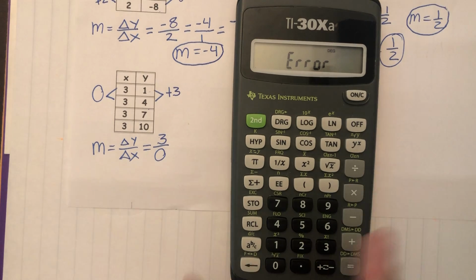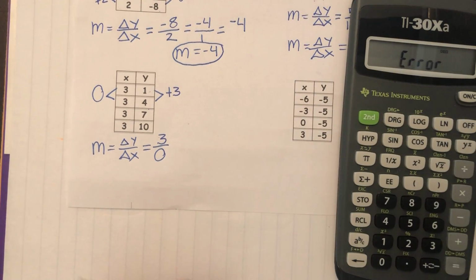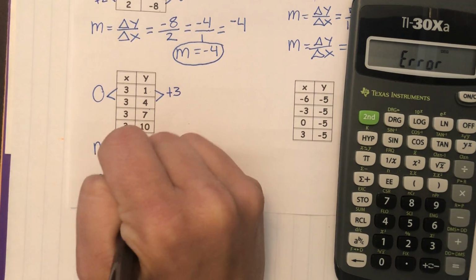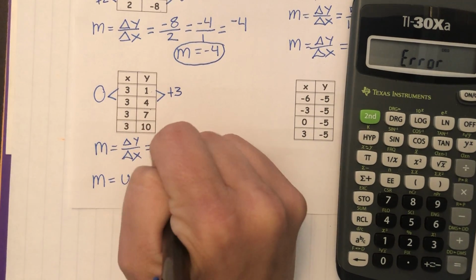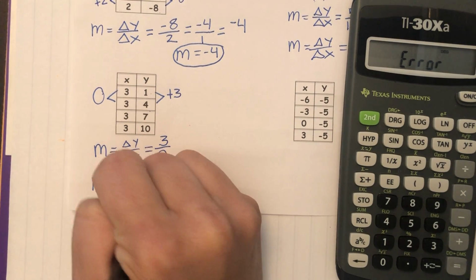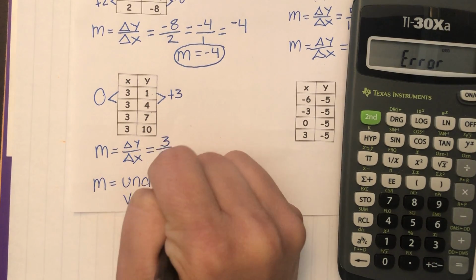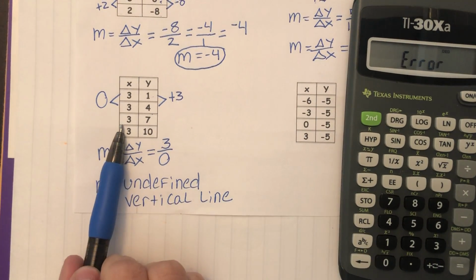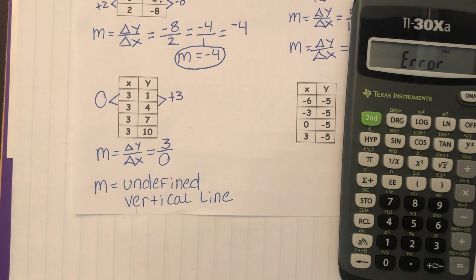And anytime that happens, that means that the slope of this line is undefined. When it's undefined, that means it is a vertical line. Your x values are not changing. They're staying in the same place. Your y values are changing. It's a vertical line.